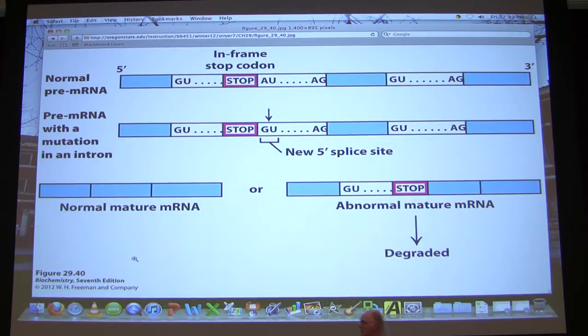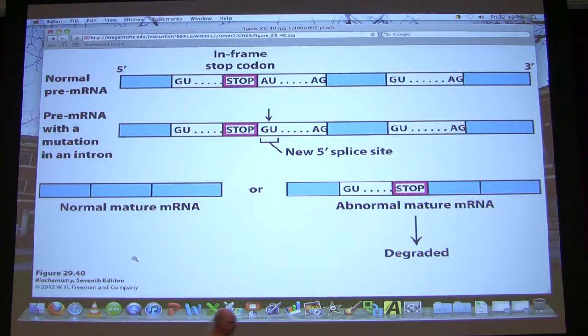Thalassemias are a really good example. Thalassemias are mutations that affect the ability to make globin genes for making hemoglobin. Some thalassemias arise from having a mutation that changes the splicing tendency.